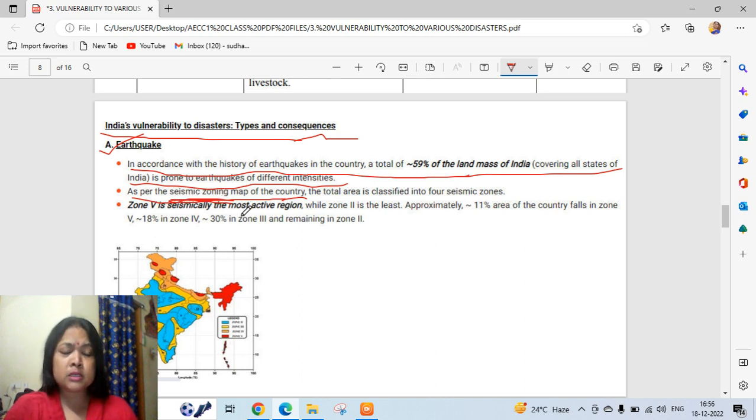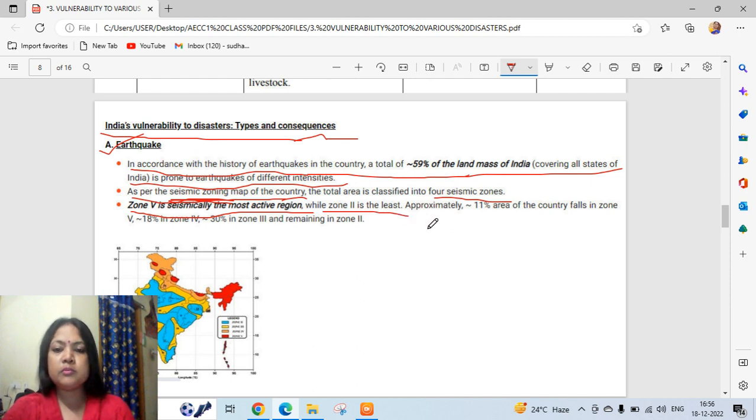So in the seismic zoning map of the country, the total area is classified into 4 seismic zones. These are important multiple choice questions. Zone 5 is seismically the most active zone, while zone 2 is the least.